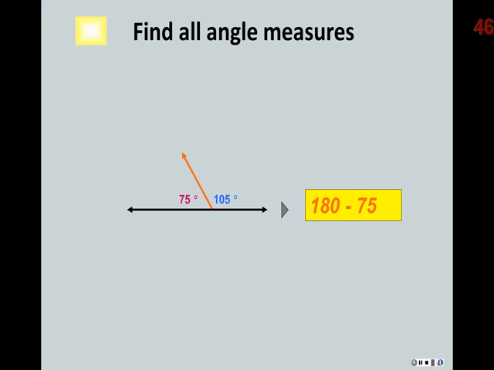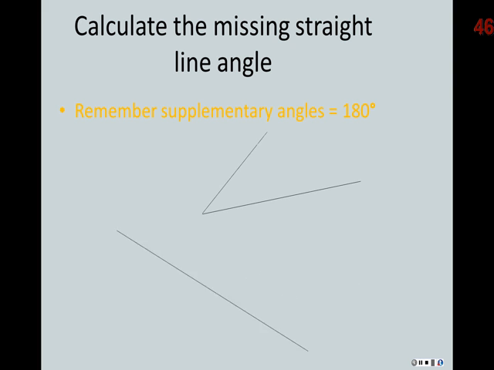Okay? So you need to look at your situation to see, is it complementary? Is it supplementary? Is it a circle? Or we had some other relationships. Is it vertical or is it adjacent or linear? So you have to look at those situations.